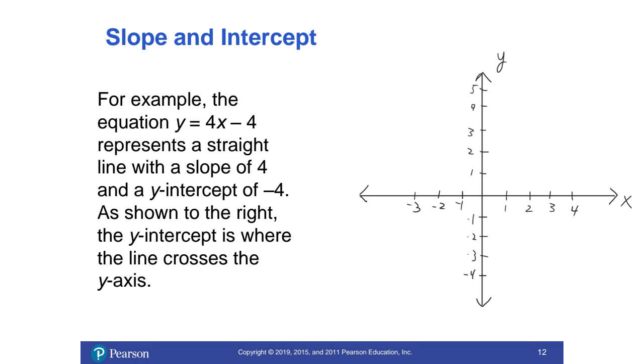Now, the only thing you need to graph a line is 2 points that are on that line. So we know that, remember, y equals mx plus b is that general form, where b is my y-intercept, the initial value. Well, this is a -4, so that means that -4 is a point that is on my line. So how do I get another point on my line?